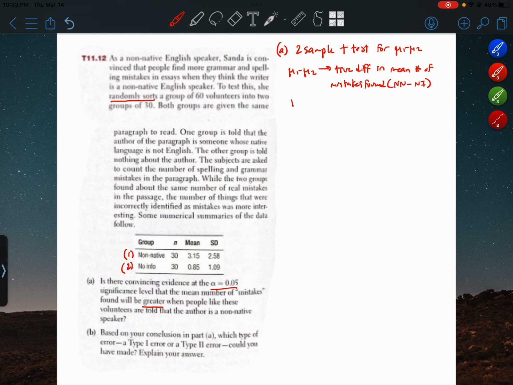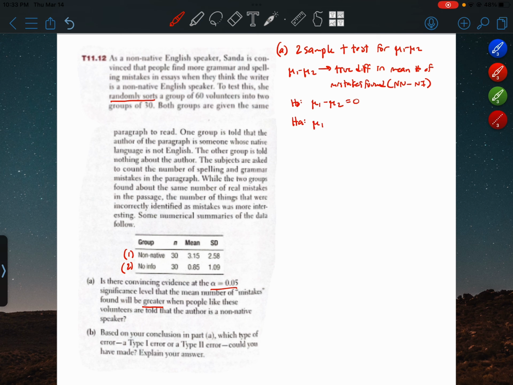Our hypotheses. The null hypothesis is a statement equivalent to there being no difference, so mu1 minus mu2 would just be 0. The alternative hypothesis is a statement equivalent to there being a greater number of mistakes when people are told it's a non-native English speaker.